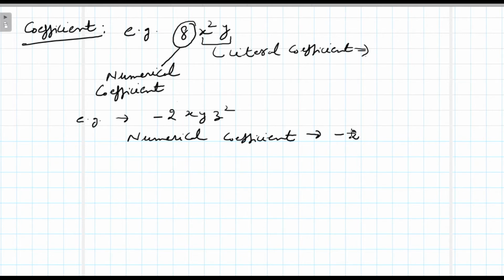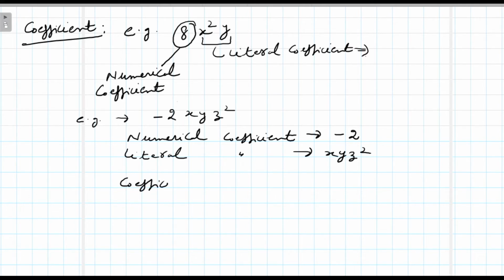As I have told earlier, the literal coefficient would be... as minus is with the numerical coefficient, it will not go with the literal coefficient. So the literal coefficient would be xyz square, right?